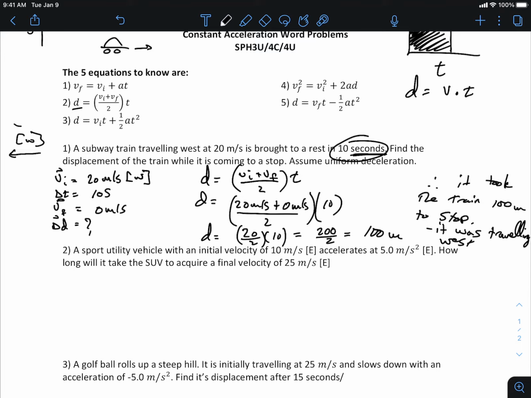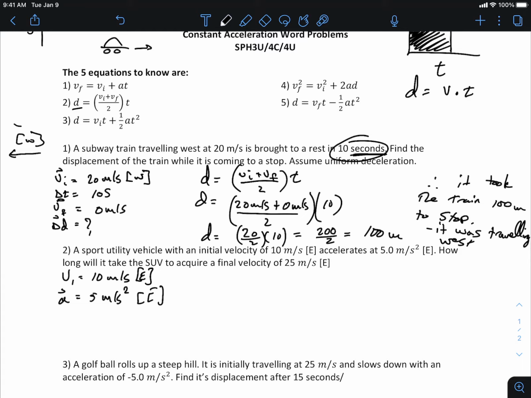A sport utility vehicle with an initial velocity of 10 meters per second east. So we know V1 equals 10 meters per second east. We also know acceleration. It's going to be 5 meters per second squared, and it's accelerating in the east.